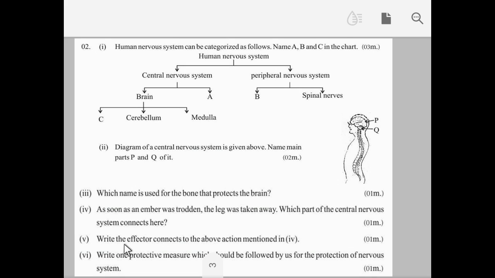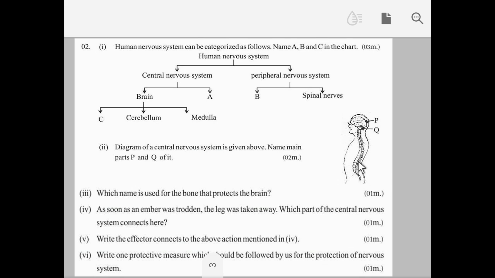Write the effector connected to the above action mentioned in 4. Who is the effector? The effector is this part.